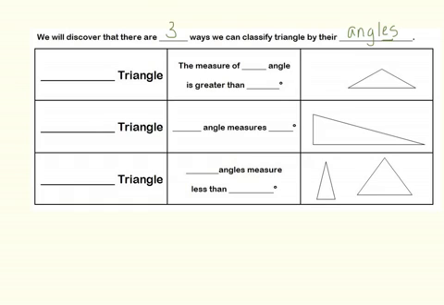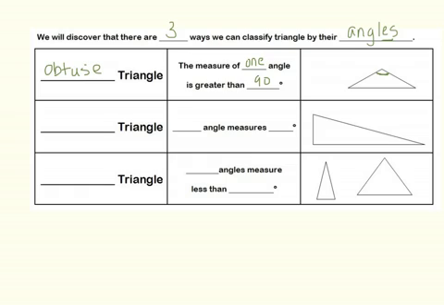So the first way we can do it is by the obtuse triangle. Just like we had an obtuse angle, here we have an obtuse triangle. And that means the measure of one of the angles is greater than 90 degrees. And so right here you see that angle. And so this is why I was saying I can mark it up. This angle right here is greater than 90 degrees.